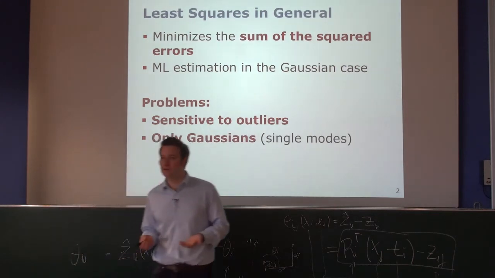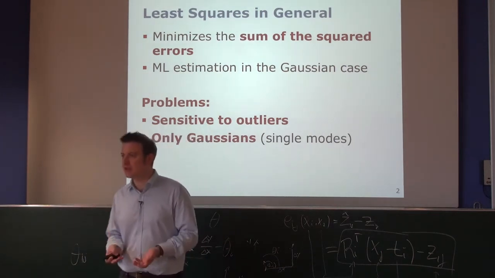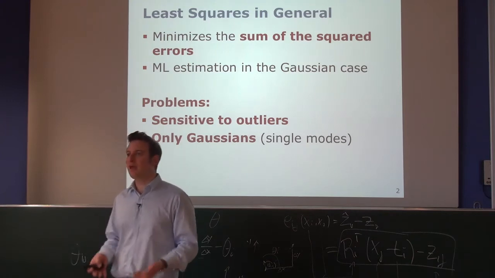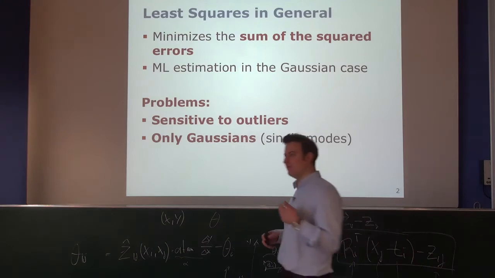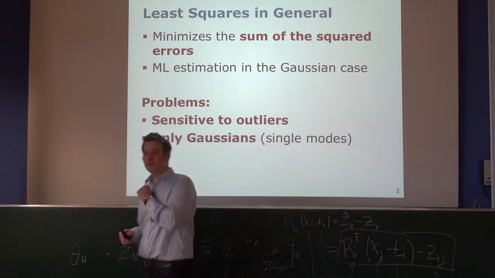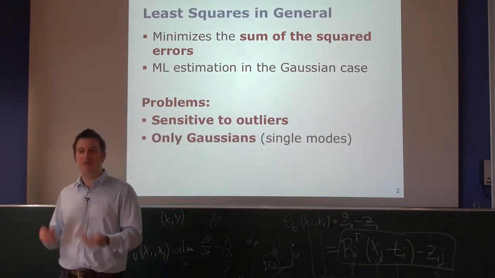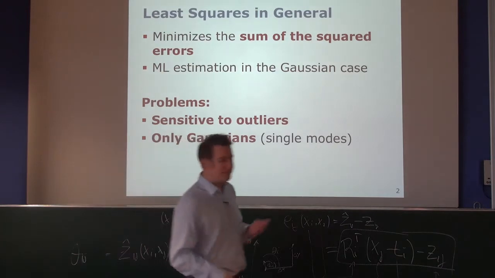Take into account a distribution which is not a Gaussian with a single mode, but why not take into account a multimodal distribution? If we had the possibility to integrate a multimodal distribution here, that would be beneficial.